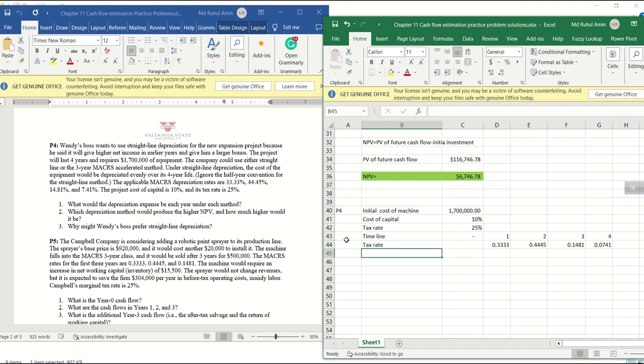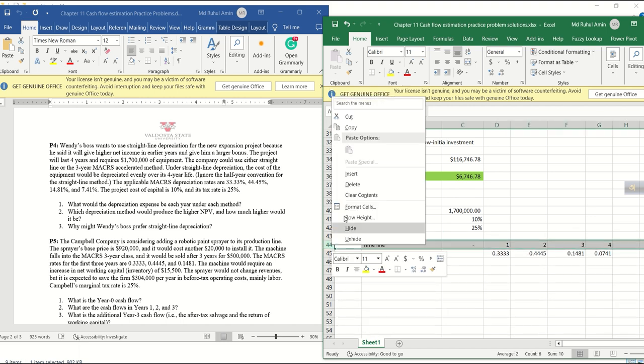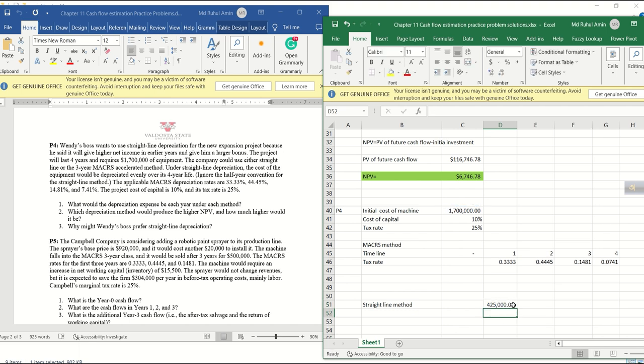So if this is the MACRS method, and this is the straight line method. The straight line method first year would be simply this divided by 4, 425.